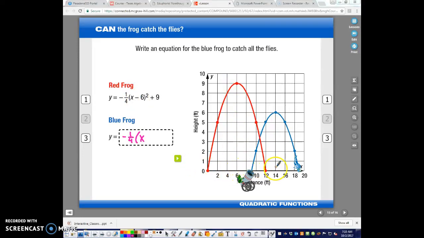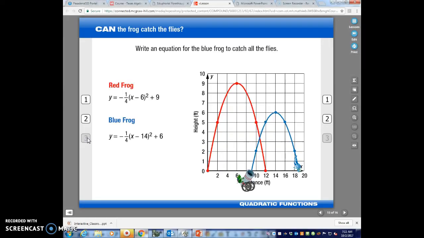This one goes over to the right 14, so we're going to do -14 squared. And then this one was +9 because it was up here at 9, so this one's going to be +6. Okay, let's check our work. And we had it correct.